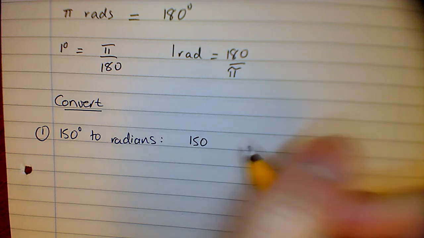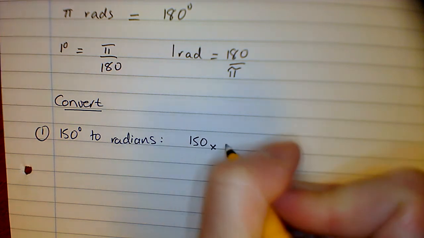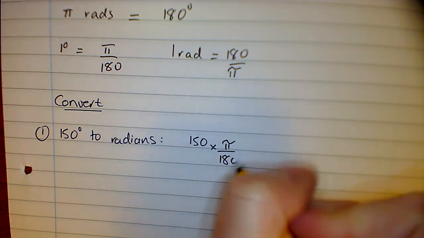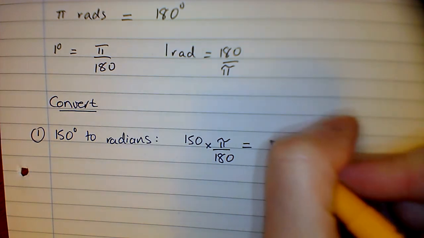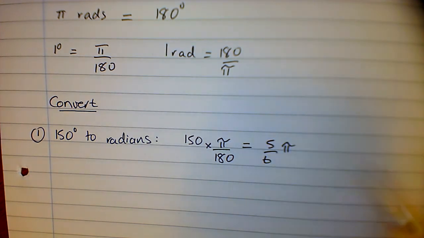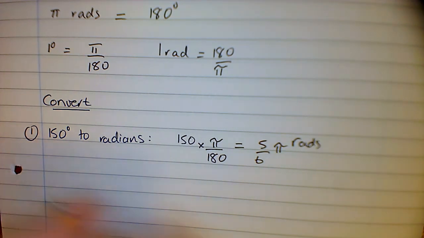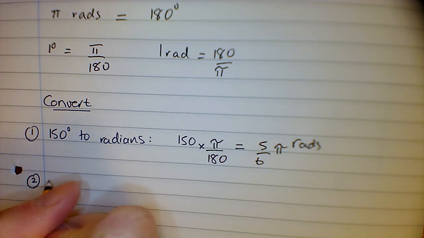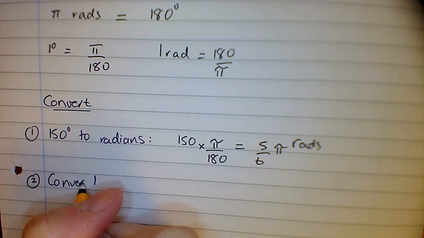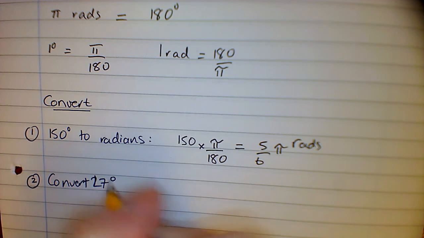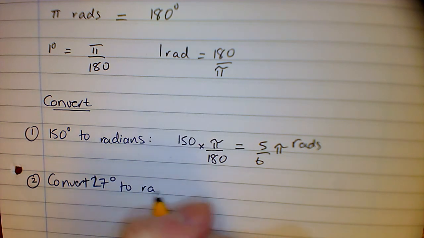So to get from degrees to radians, we multiply by pi over 180. And if we can, leave it as a fraction. So 5 pi over 6 radians. Our second one, convert 27 degrees to radians.